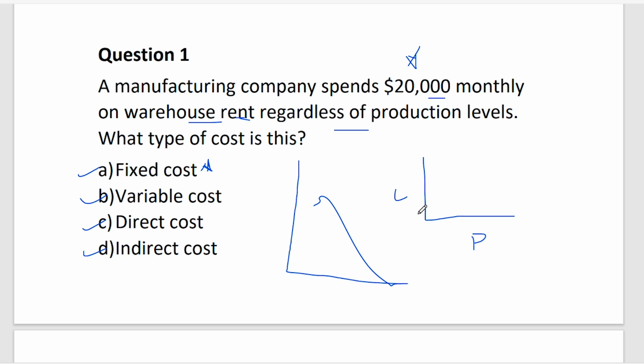If you produce at point A, point B, point C, irrespective of where our production level is, our rent cost is just going to be the same. That is fixed cost. So fixed costs are the sort of costs that don't change with the level of production. And that is something that you need to know.